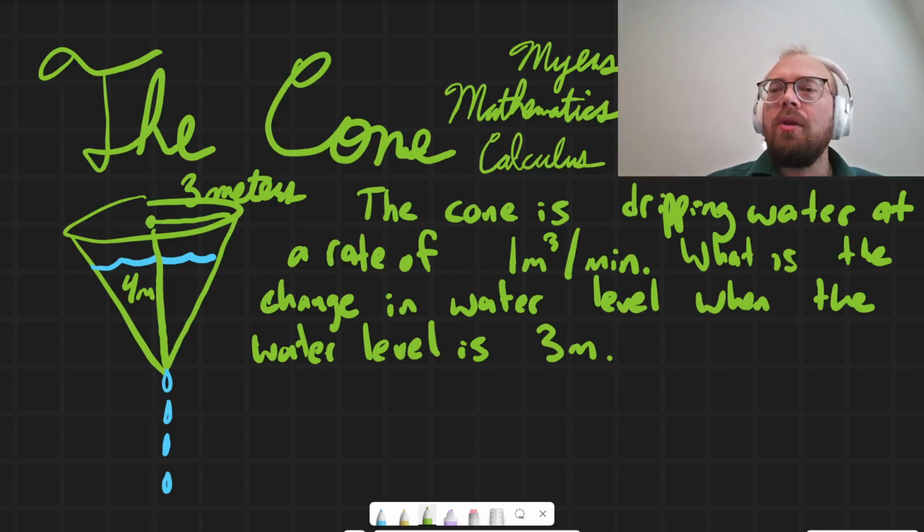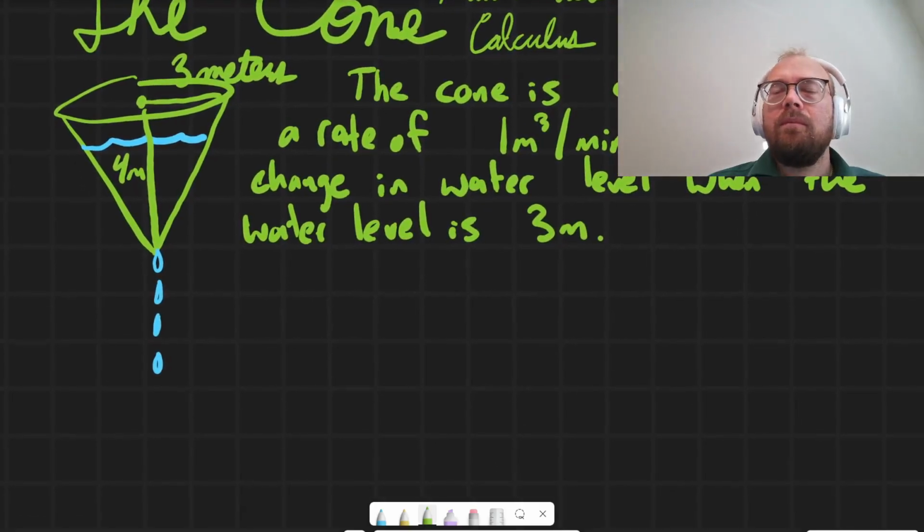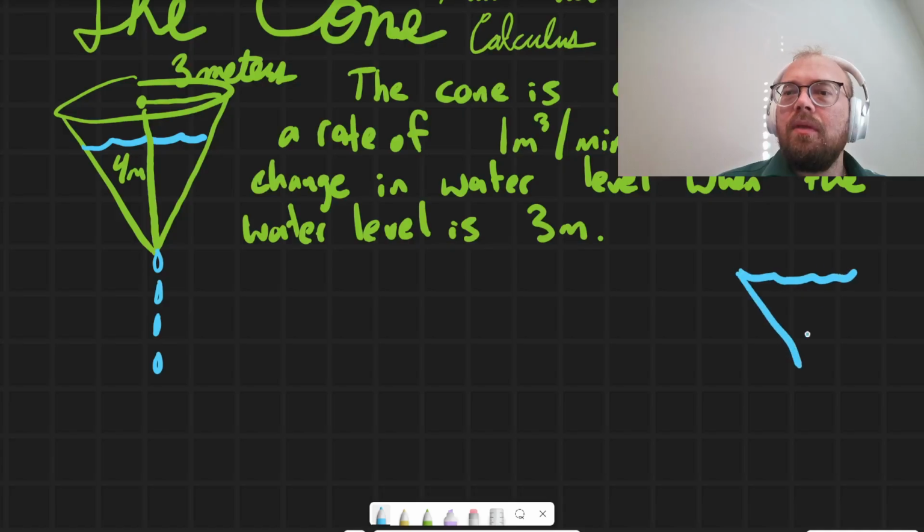Okay, so in order to do this, I'm going to move this up. And if that water level is at 3 meters, then if we isolate the actual water that's in the cone, this would be 3 meters.